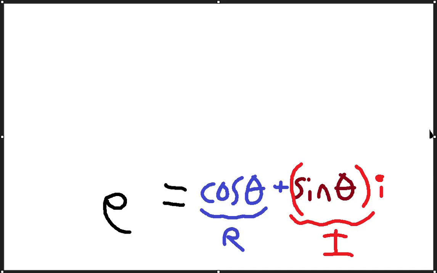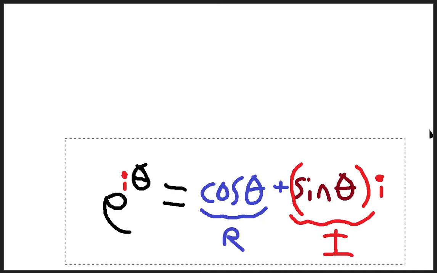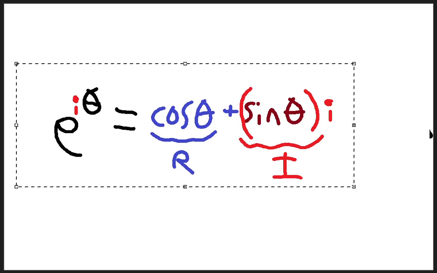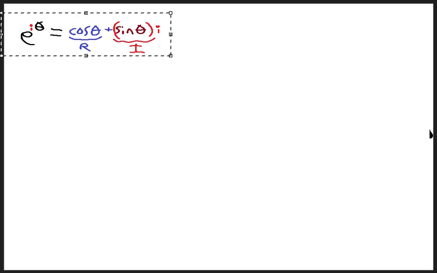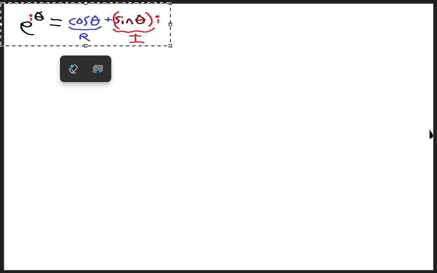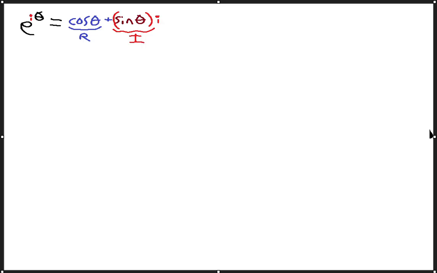But we're going to label it e to the i times theta. And keeping this property in mind, in fact, I am going to put this up in the corner where we can remember it, because it's going to be nice to have later.